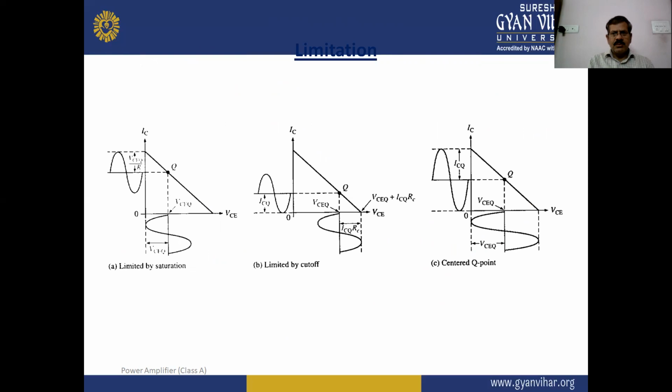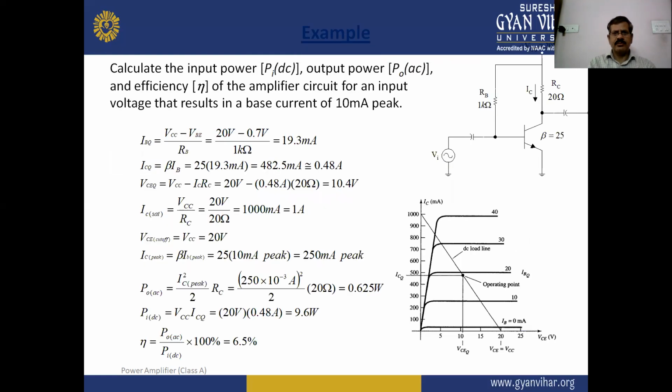So there are some limitations, and here are the three diagrams. The first is limited by saturation, the second is limited by cutoff, and the third is limited by the center Q point.